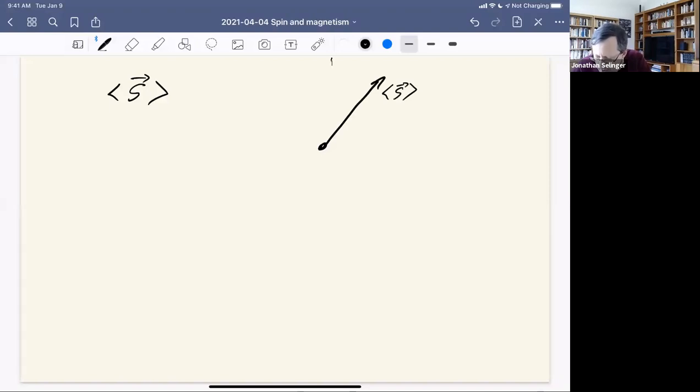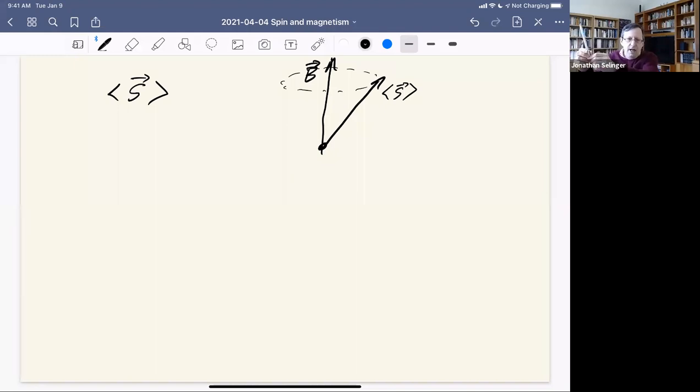And here is the magnetic field in the z direction. And so the expectation value of the spin is precessing around a cone like this, right? So if it's like my Apple Pencil, it goes around in a cone with a fixed height.